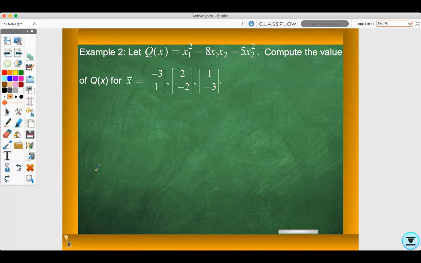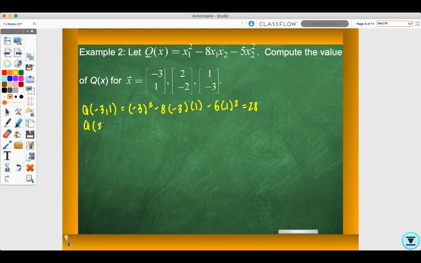Example 2. Let q of x equal x1 squared minus 8x1 x2 minus 5x2 squared. Compute the value of q of x for x equals negative 3, 1; 2, negative 2; and 1, negative 3. So we're going to first do it for q of negative 3, 1, and we would just be plugging those in. So I'd have negative 3 squared minus 8 times negative 3 times 1 minus 5 times 1 squared, which equals 28.